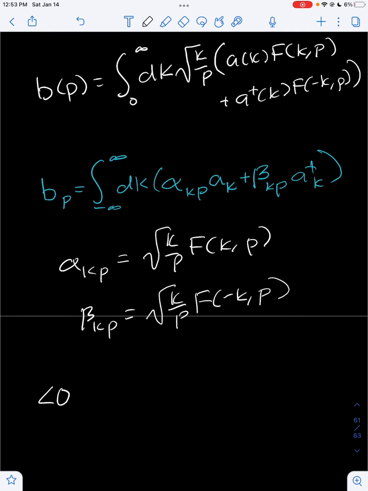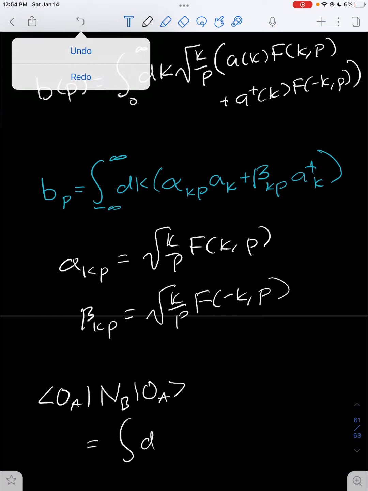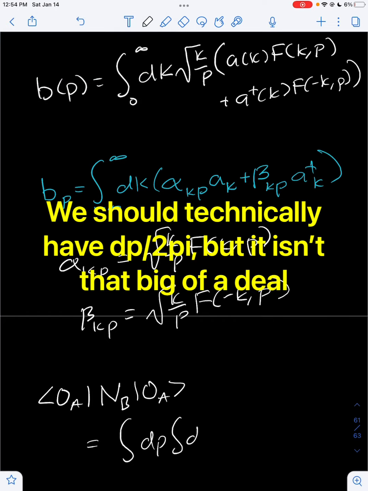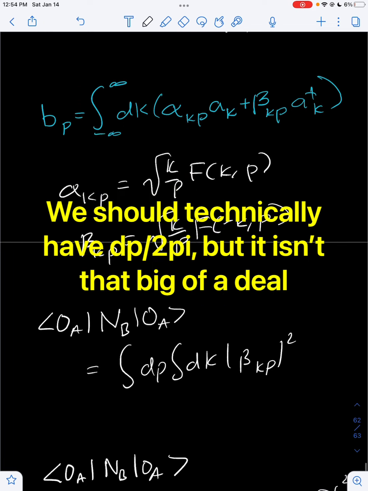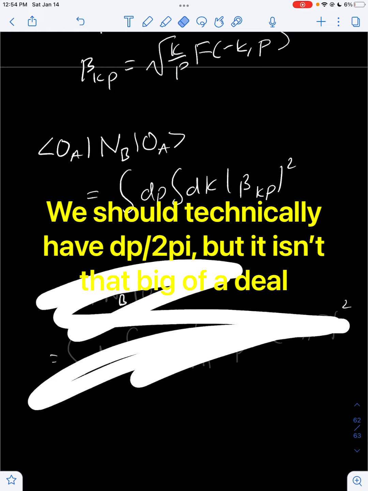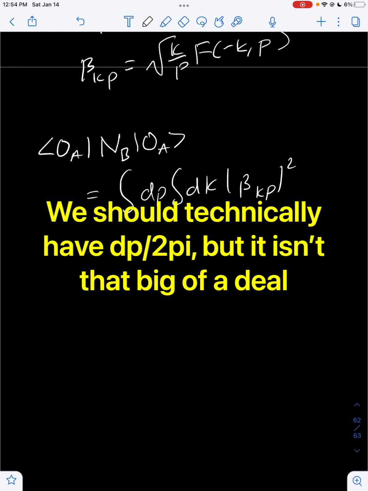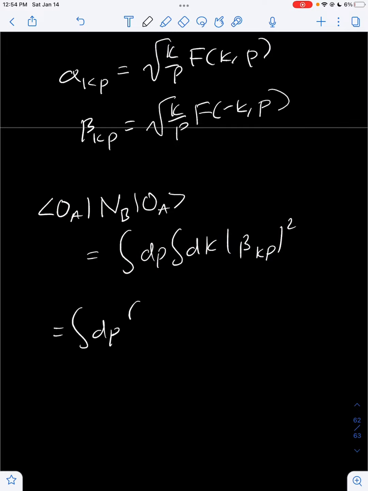And since the expectation value of the number operator that Rainbow Dash is going to use is going to be equal to the integral over dp, and then dk of beta kp squared, this means that the number of particles, ignore all of this over here, you didn't see that, is going to be equal to k over p f of minus kp squared.